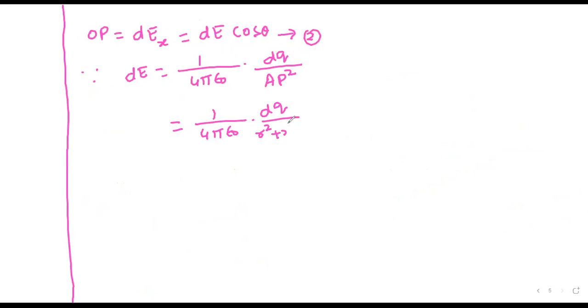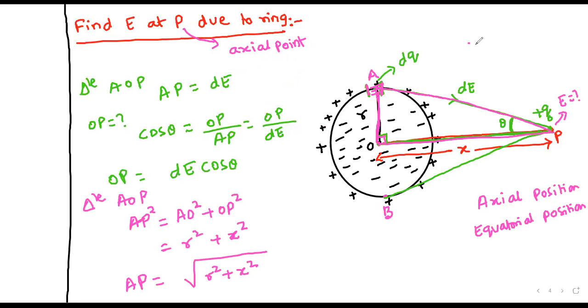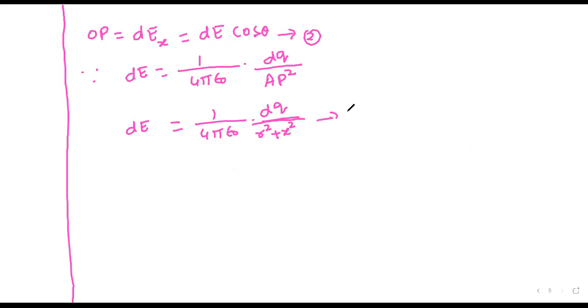That is the value of dE. From the triangle AOP, I can write cos theta in terms of distances as OP by AP, that is nothing but x by under root R square plus x square. This is equation 3.